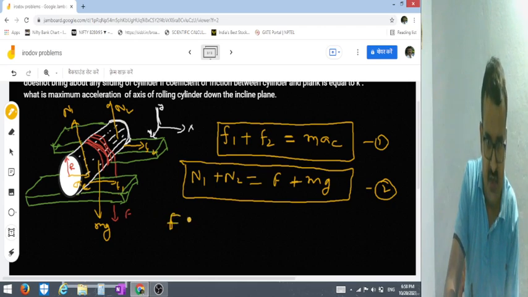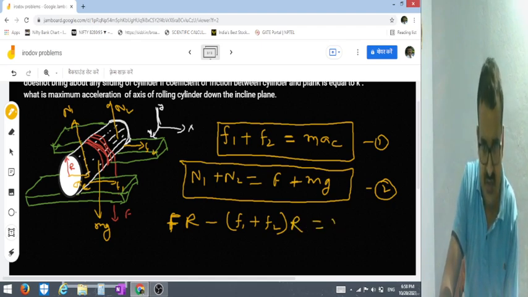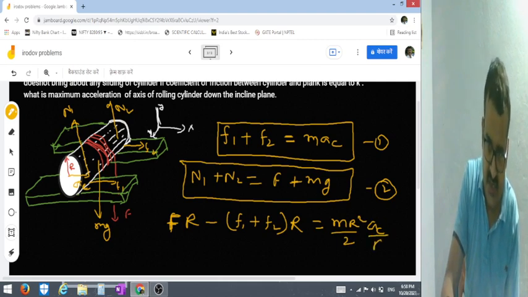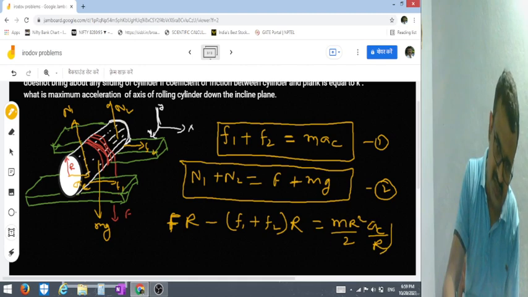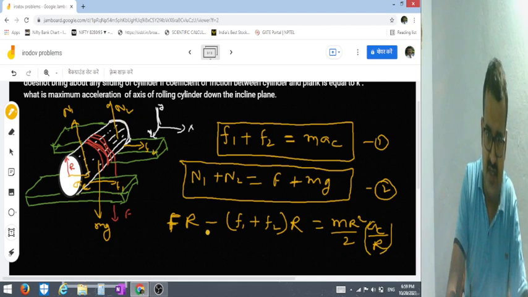So I get the force acting tangentially through the thread times the radius of the cylinder, minus the friction forces, both acting in the same direction, which is why I am taking them collectively, equal to I alpha, and I is nothing but mR squared by 2, and alpha is nothing but the acceleration of the axis divided by the radius. You know a_c is equal to R alpha. I am replacing the values, so this will become equation number 3.